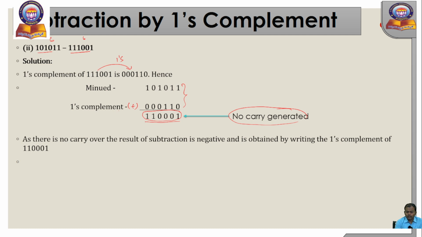If there is no carryover, the result of the subtraction is negative. How can I obtain the negative number? By writing the 1's complement of this result, that is 1 1 0 0 0 1, which is 0 0 1 1 1 0. This is how you can perform the subtraction using 1's complement if no carry is generated.